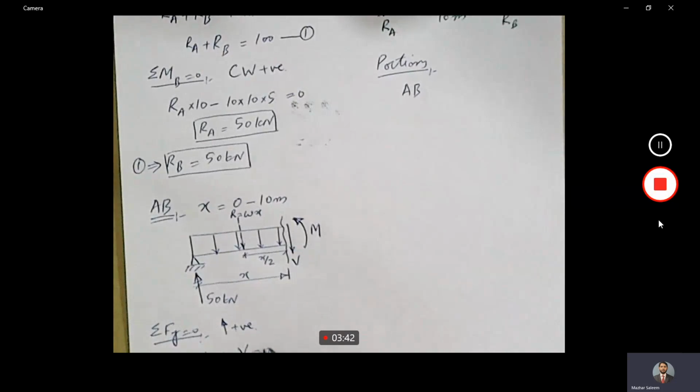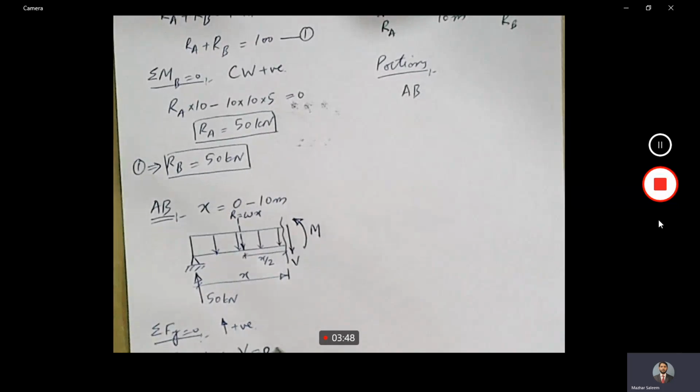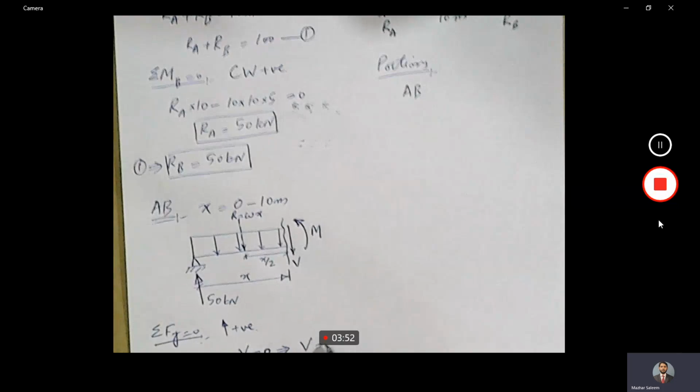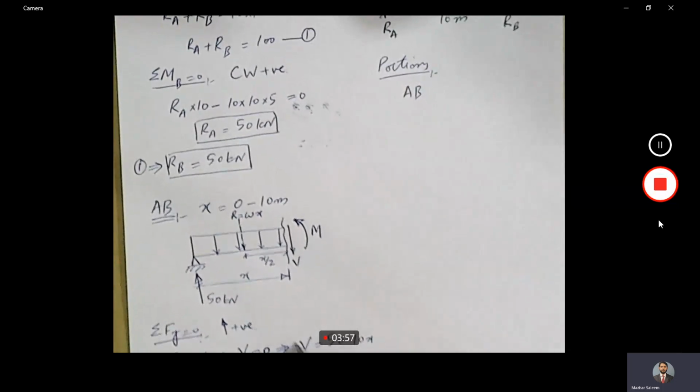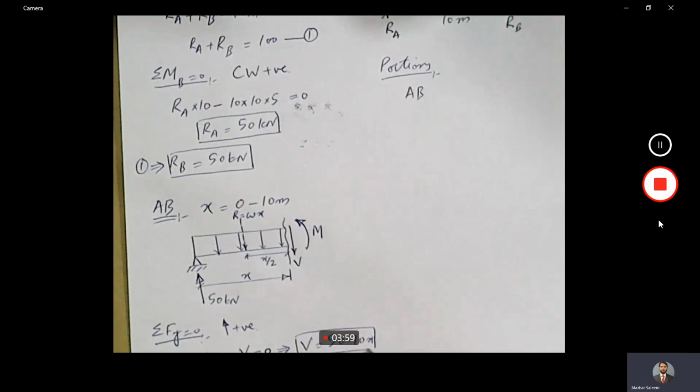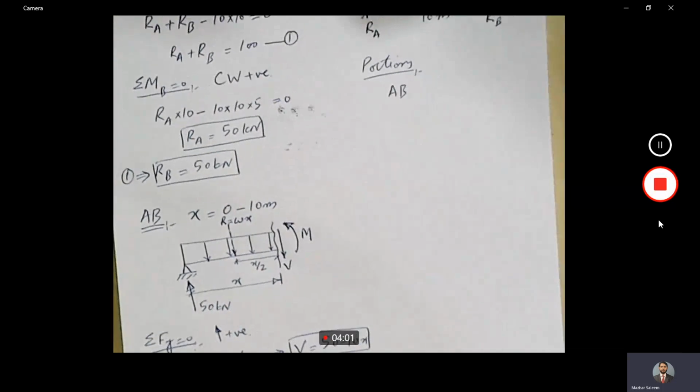Okay, and if I rearrange this, I will get V is equal to 50 minus 10x. So this is the expression of shear force for this problem.